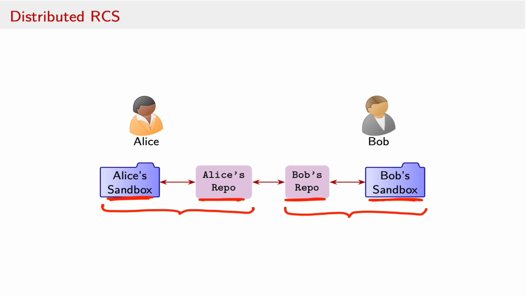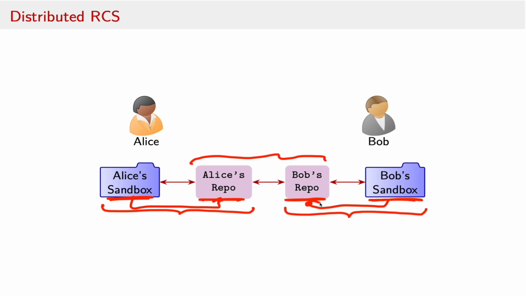That synchronization takes place between the repos at an appropriate time, when people are ready to sync. There's nothing that forces Alice to check her local files into her repository at any particular frequency or interval. She can use it the way that makes the most sense for her workflow. And the same thing is true about Bob.